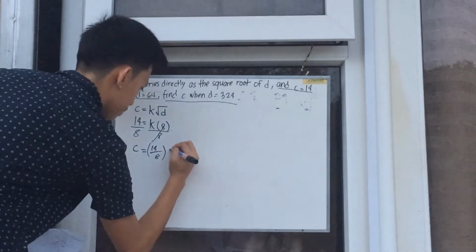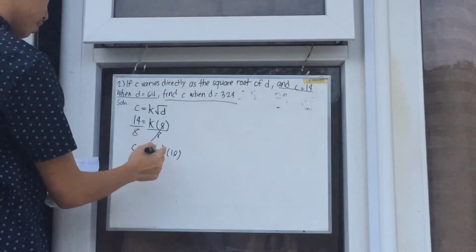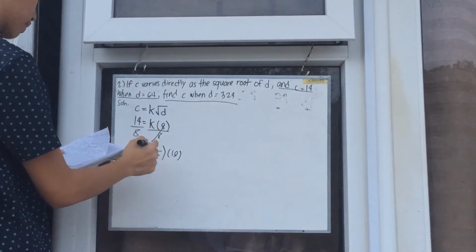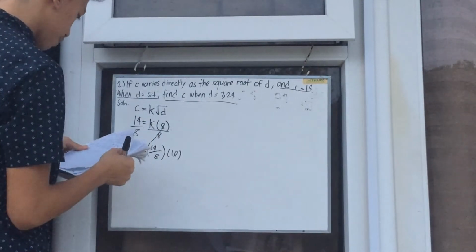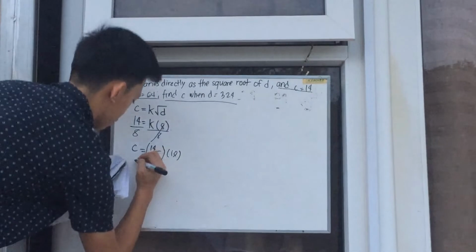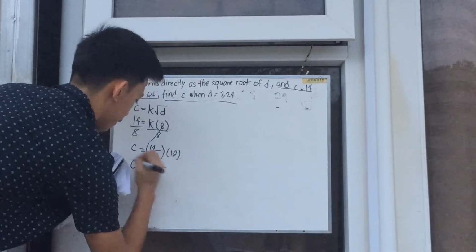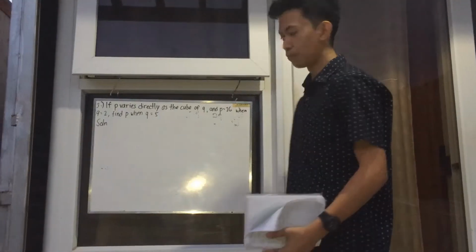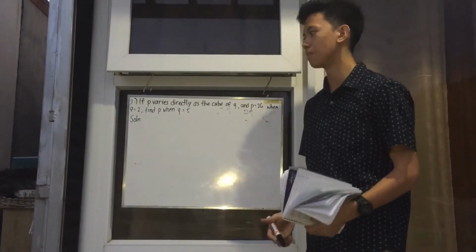So we multiply 18 by 14 divided by 8. That will give you 31.5. So c is equal to 31.5.